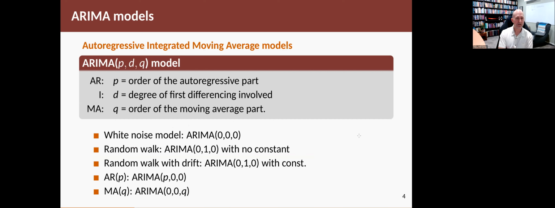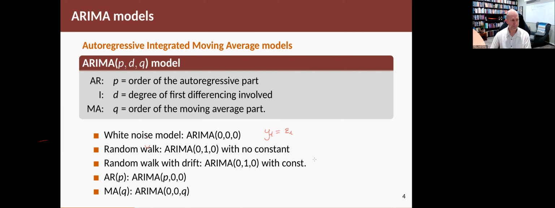So if they're all zero, so you've got no AR parts and no MA parts and no differencing, then if you write out the equation for the model, it's simply going to be Y_t equal to error. So you write it like this: Y_t is equal to error. And so it's white noise.